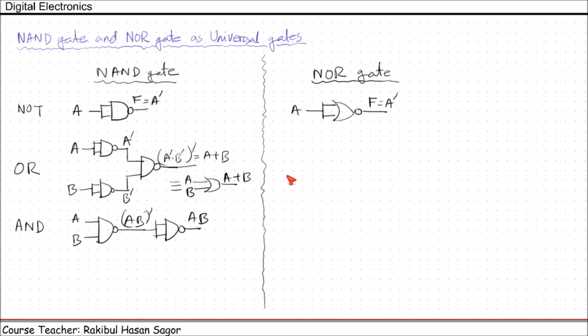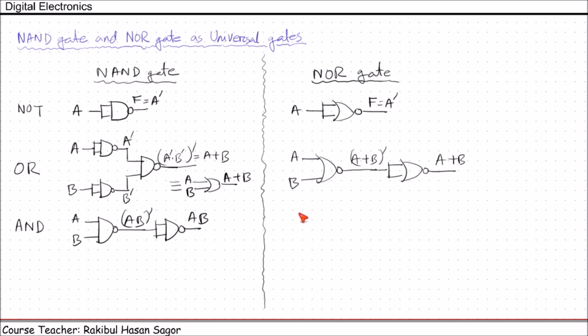Now the OR gate implementation. For two input OR gate, a and b, they will be ORed, and due to this bubble we'll get a or b whole prime. If it is sent through another NOT gate, which is implemented by NOR gate, we'll get a or b. This is the equivalent circuit of OR gate.